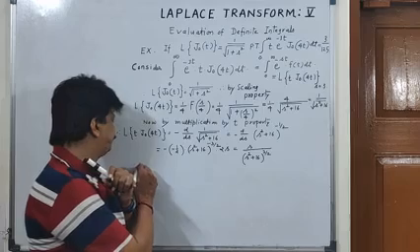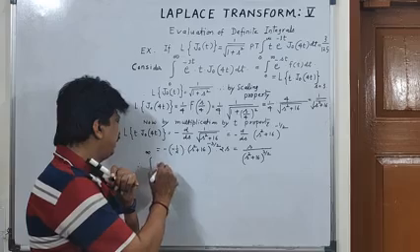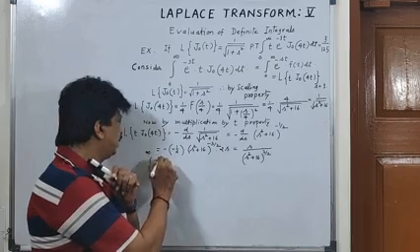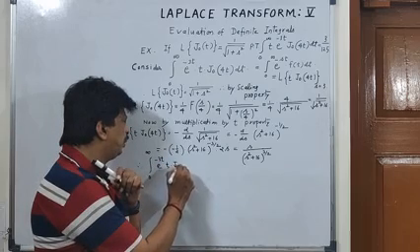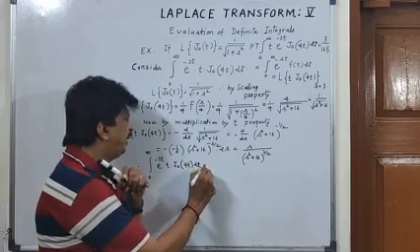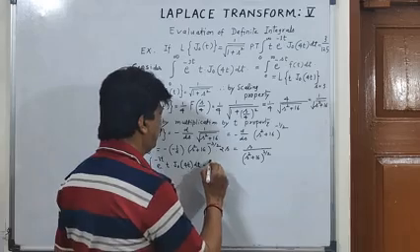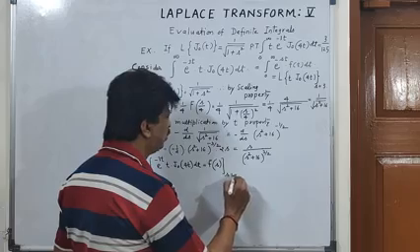Therefore, integral 0 to infinity e raised to power minus 3t into t into J0 of 4t dt is equal to F of s at s equal to 3.